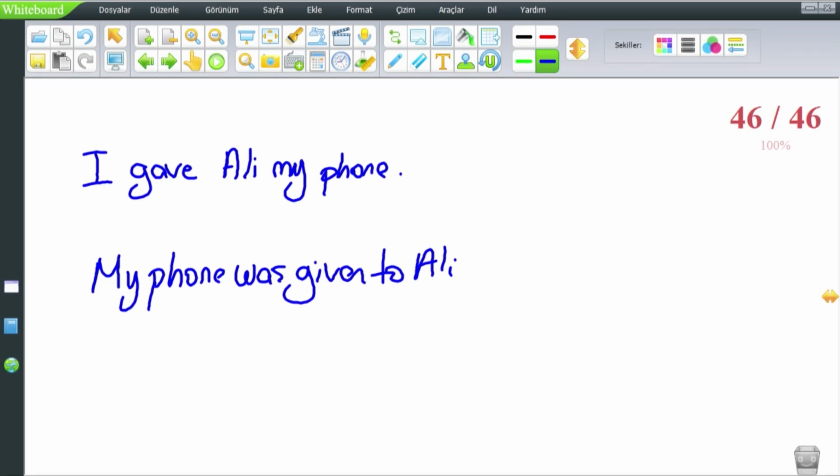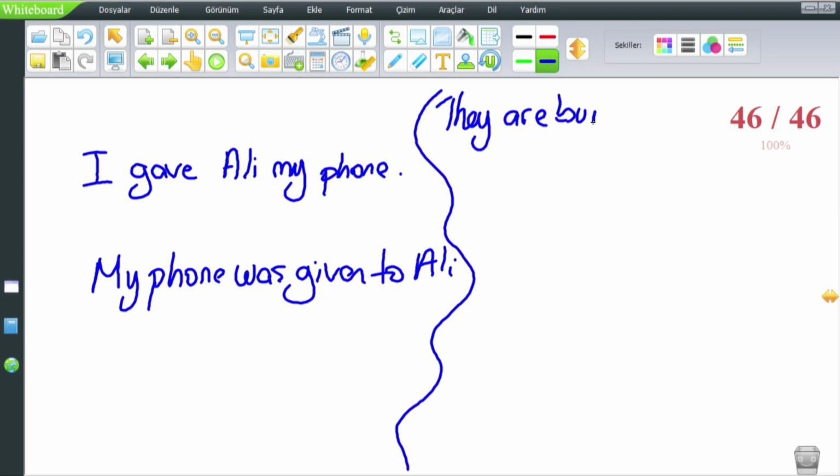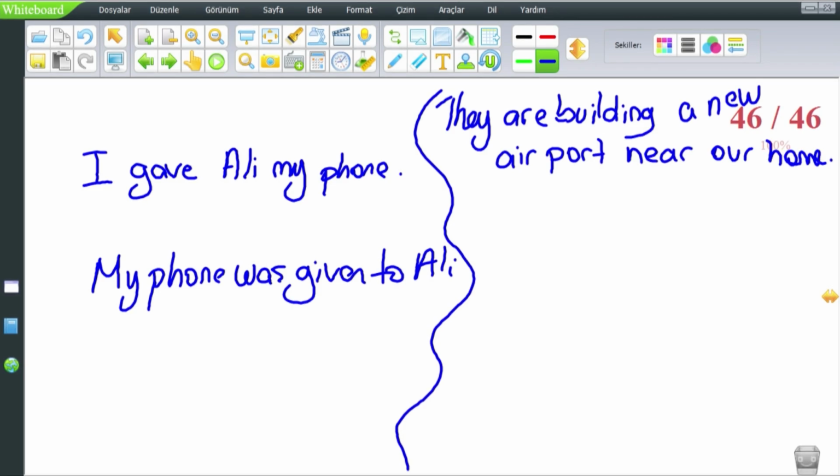Okay. They are building a new airport near our home. Now, this is a tense that we didn't give an example with. I'm looking at the tense, present continuous.